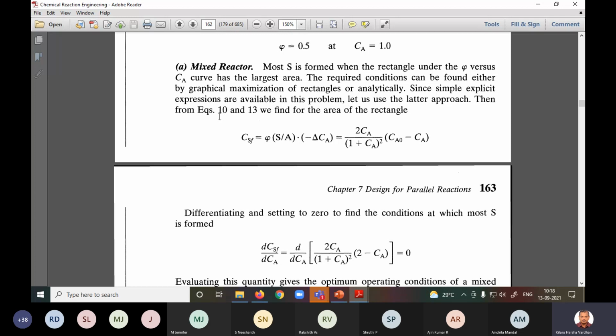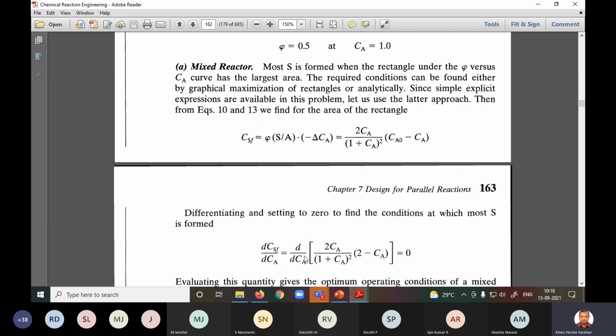So you can use the 10th equation and the 13th equation to calculate CSF, which is nothing but psi of CS into the concentration change. Psi is 2Ca by 1 plus Ca square. Concentration change is Ca naught minus Ca. So this particular thing should be maximized.